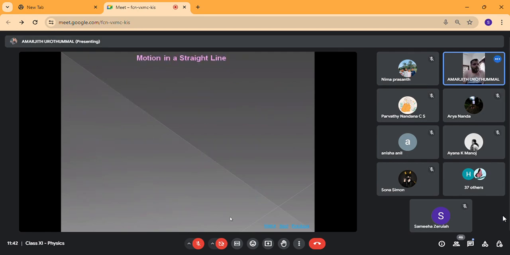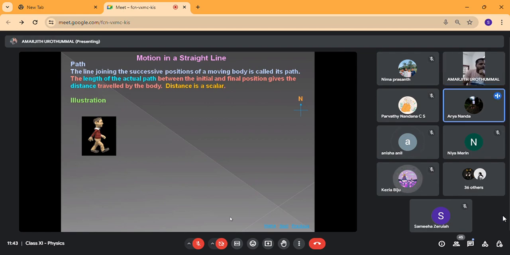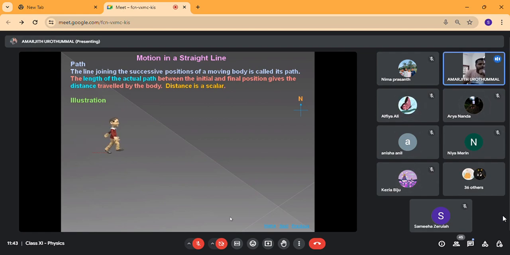Now we are discussing motion in a straight line. First, let us see a case here. A man is there. Are we able to see him? Yes, sir. He is traveling like this.